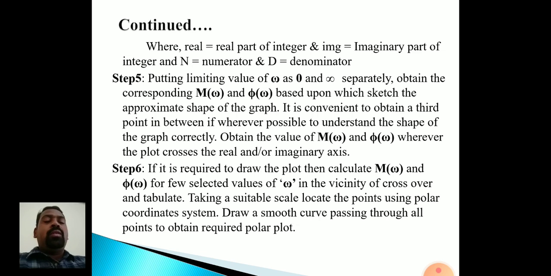Find the value of M omega and phi omega for selected values of omega in the vicinity of crossover and tabulate the values. By taking a suitable scale, locate the points on the polar coordinates and draw a smooth curve passing through all these points, and show the angles in the clockwise direction, that is negative angles: 0, -90, -180, -270, -360 and so on, to obtain the polar plot.